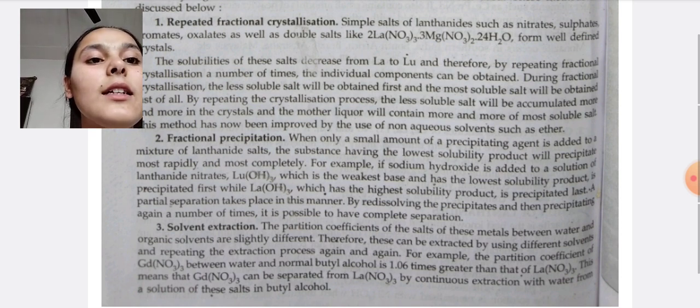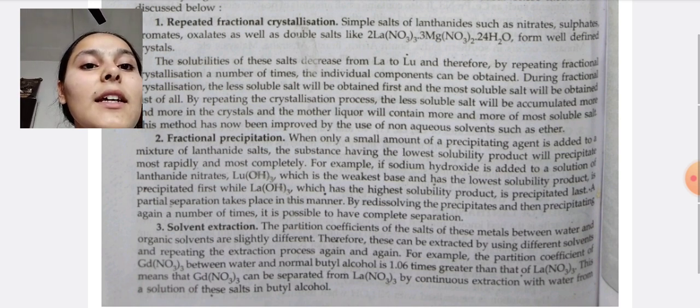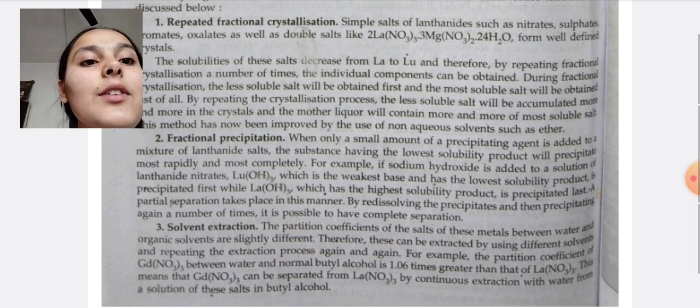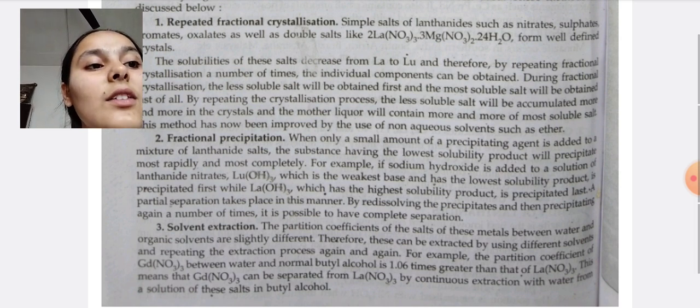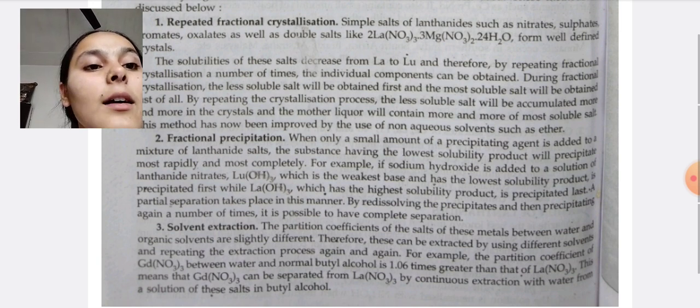For example, if sodium hydroxide is added to a solution of the lanthanide nitrates, Lu(OH)3, which is the weakest base with the lowest solubility product, is precipitated first, while La(OH)3, which has the highest solubility product, is precipitated last. A partial separation takes place in this manner. By redissolving the precipitate and then precipitating again a number of times, it is possible to have a complete separation.